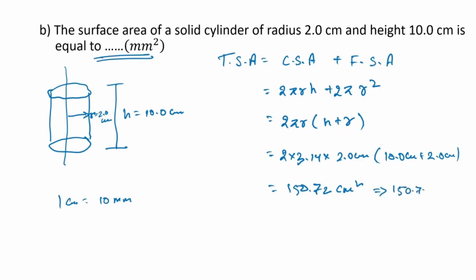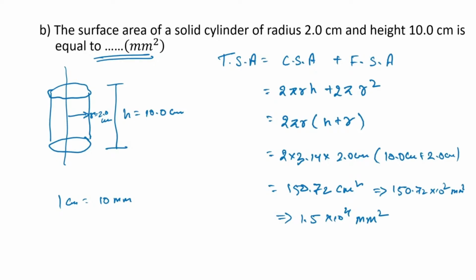For conversion, 1 centimeter would be equal to 10 millimeter. So as it is centimeter square, we will multiply by 10 squared, so we will get 15072 millimeter square. Rounding off the value, we will get 1.5 into 10 to the power 4 millimeter square.